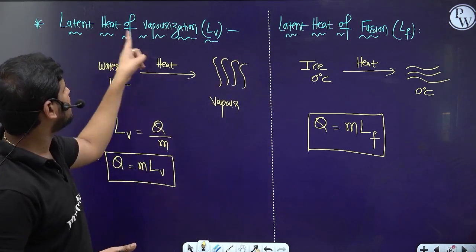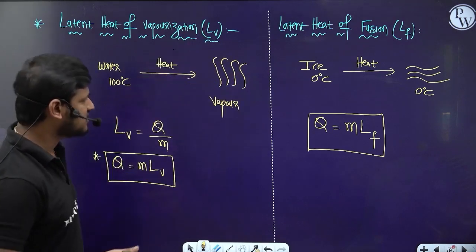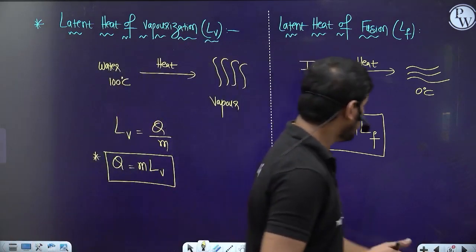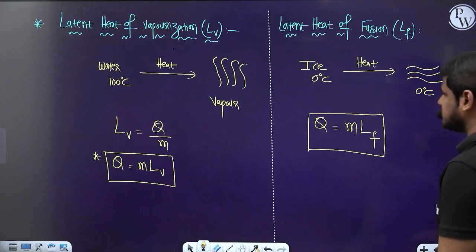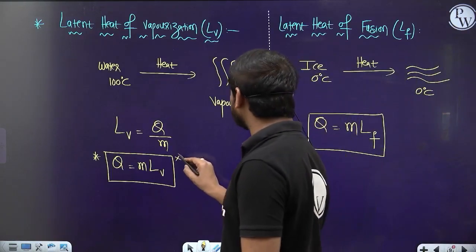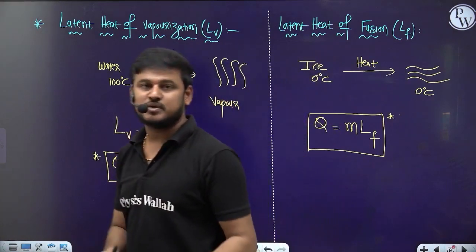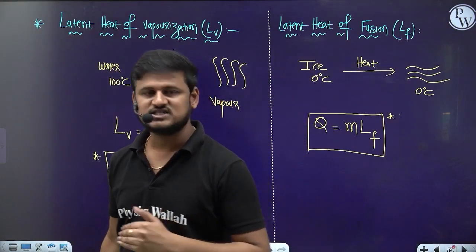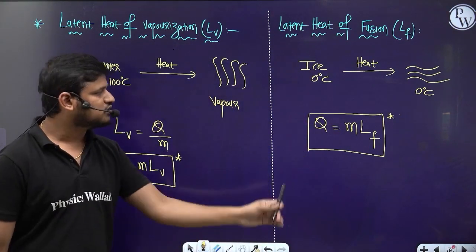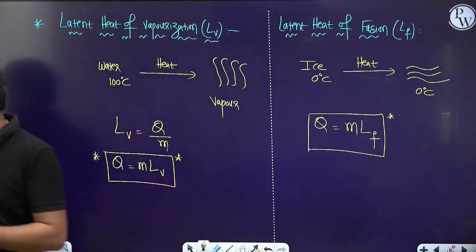It is the latent heat of vaporization or latent heat of condensation. Done? Clear? So this part is clear, the latent heat concept. Very, very important. Now we are going to combine the latent heat and the heat absorbed by the body to raise its temperature. So both we are going to combine. So just note this point.